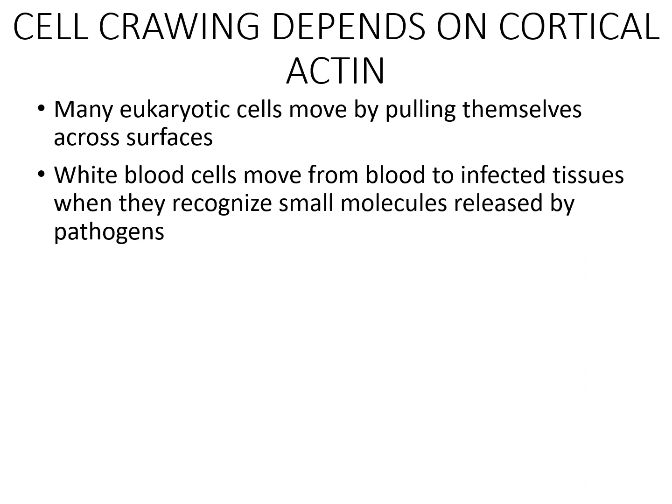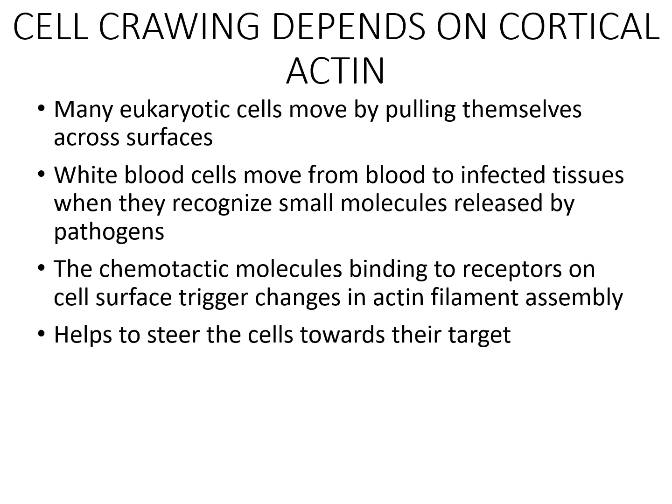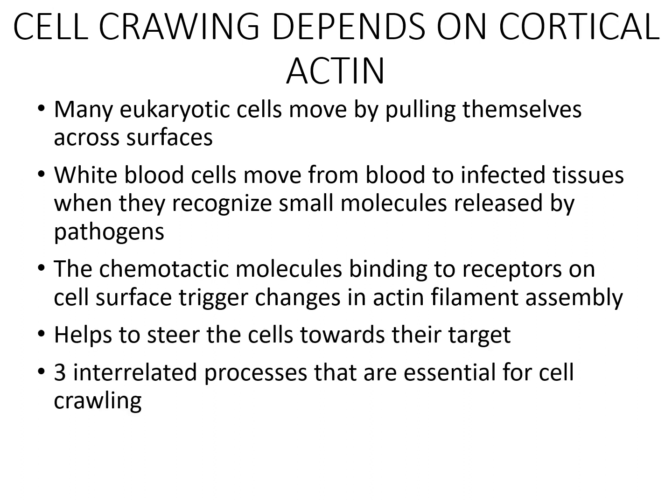In order for them to move, the actin filaments in the cytosol help with this movement or cell crawling. The chemotactic molecules bind to receptors on the cell surface that trigger changes in actin filament assembly that allow cells to crawl. There are at least three interrelated processes that help steer the cells toward their target.